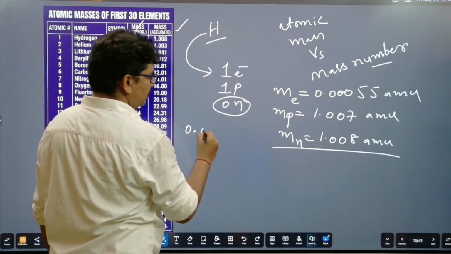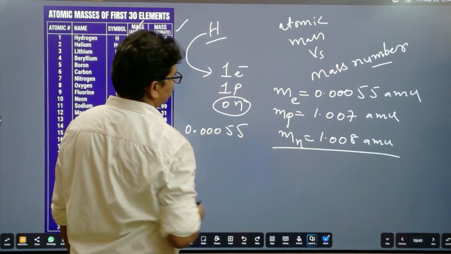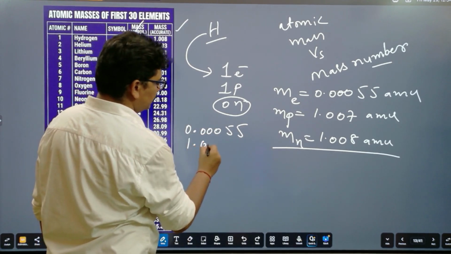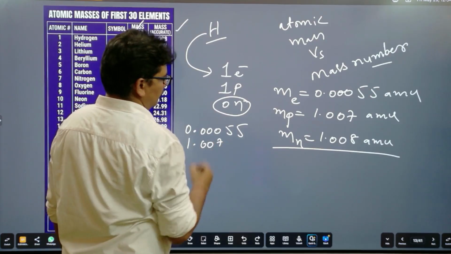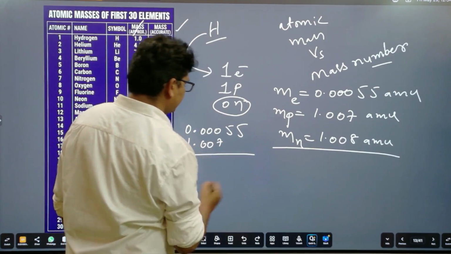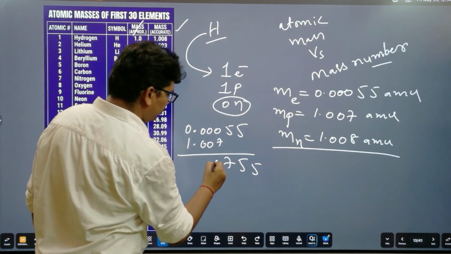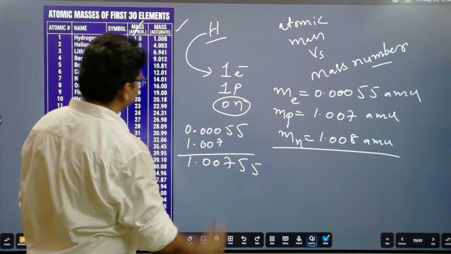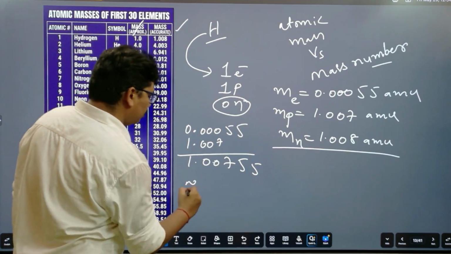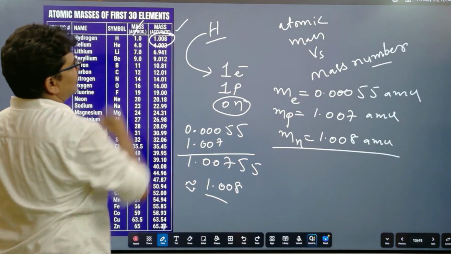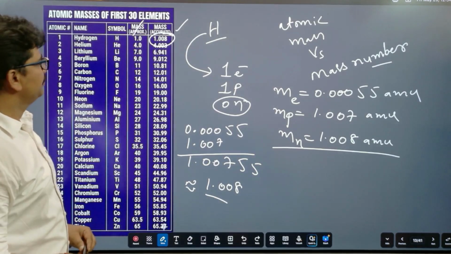Electron mass is 0.00055 and proton mass is 1.007. Add this, and you get 1.00755, so this is approximately 1.008. This is the exact atomic mass of hydrogen.